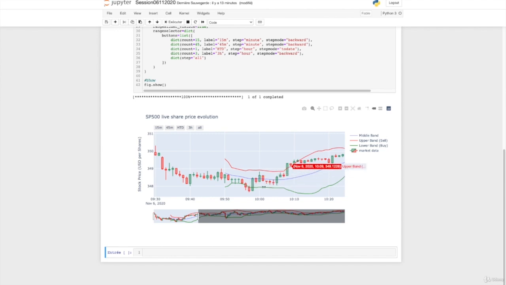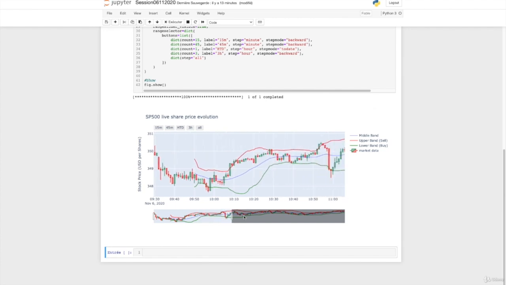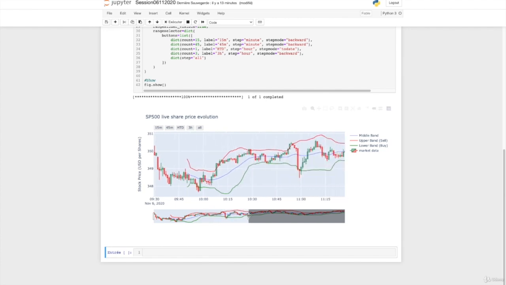It would have made a few pips, which means if you make the calculation, that must be around 0.3%, which is not huge, but in 10 minutes, that's something which can be interesting.